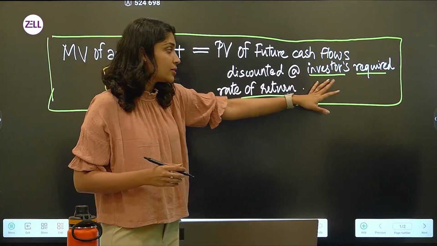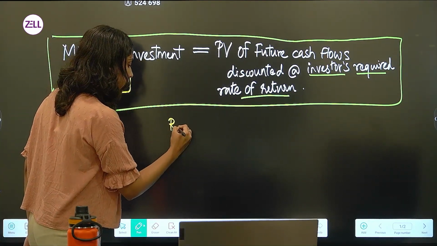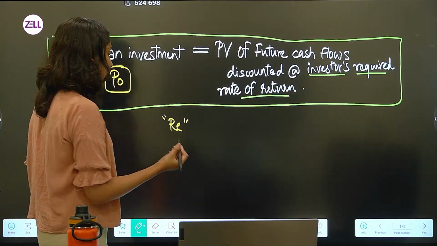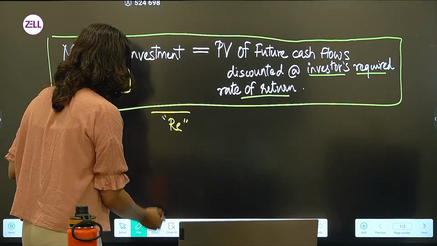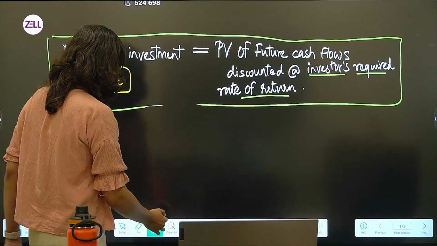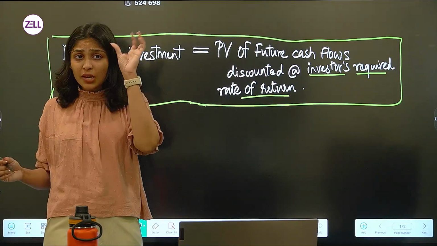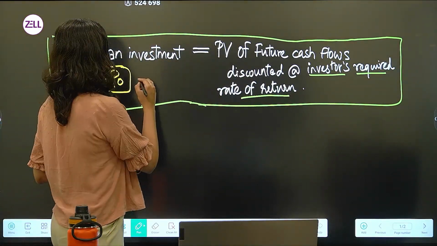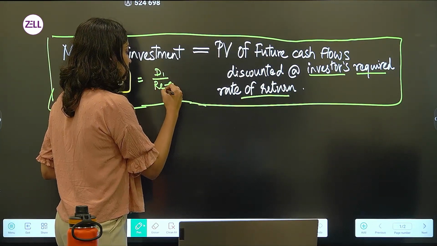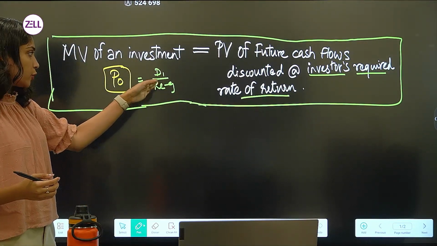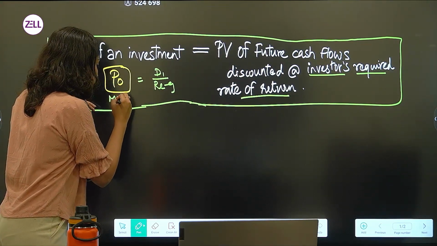That investors' required rate of return is nothing but your RE. And on the top your future cash flow. As a shareholder, your future cash flow is the dividends that you get. So when I do dividend divided by the investors' required rate of return, I get the present value of the future cash flow, which is P0, the market price of the share.